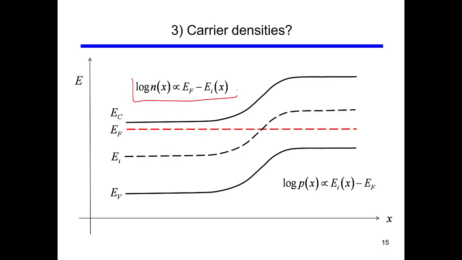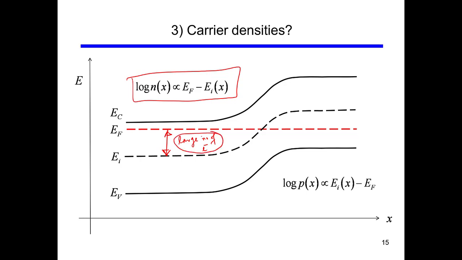And the carrier density is this one. You see it depends on the difference between the Fermi level and the intrinsic level. Here the Fermi level is above the intrinsic level, and we have a large number of electrons.